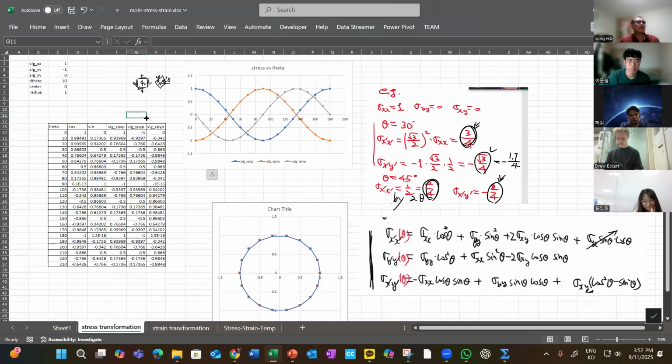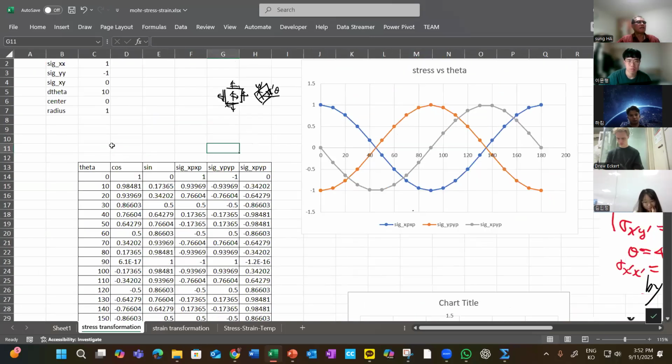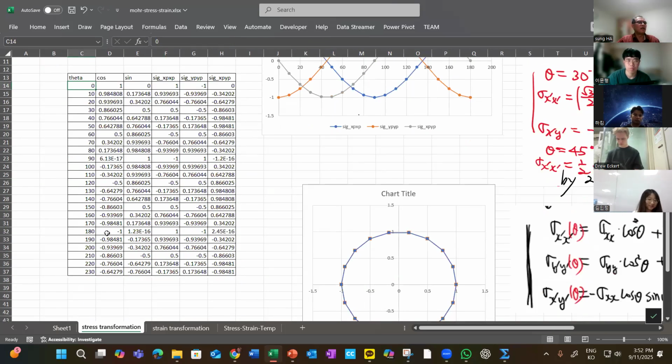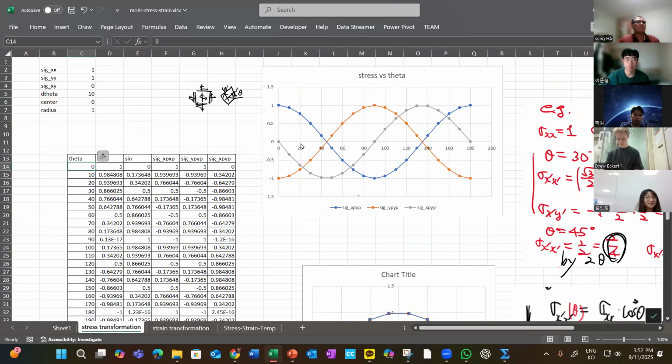Okay, I already have it. This is what we have here. This is the sigma x prime, y prime, and x prime, y prime, and then a cosine theta. And I just calculated the cosine and sine here. But as you can see, from angle 0 to whatever angles, you will get the variation.